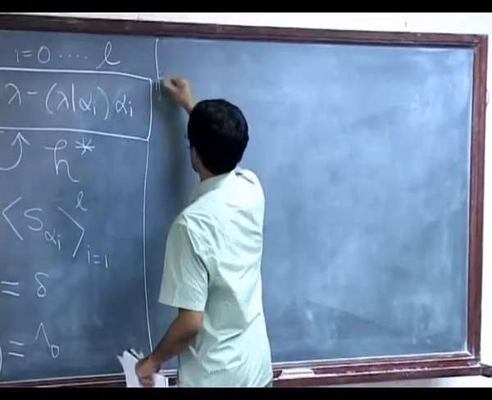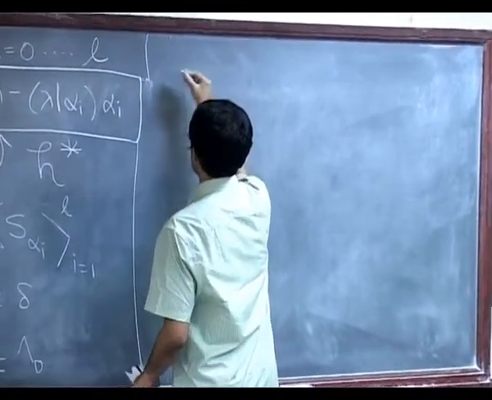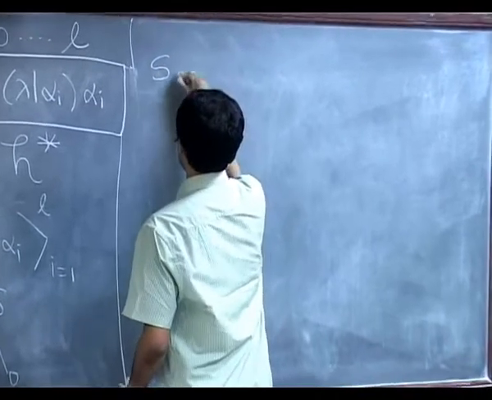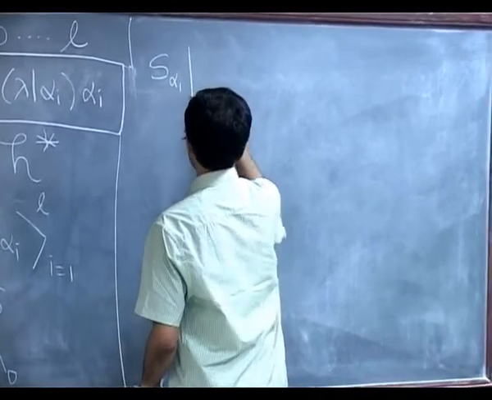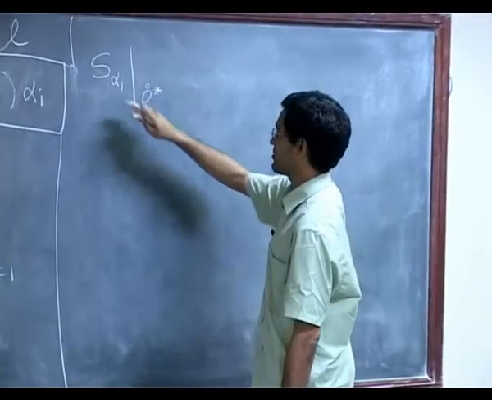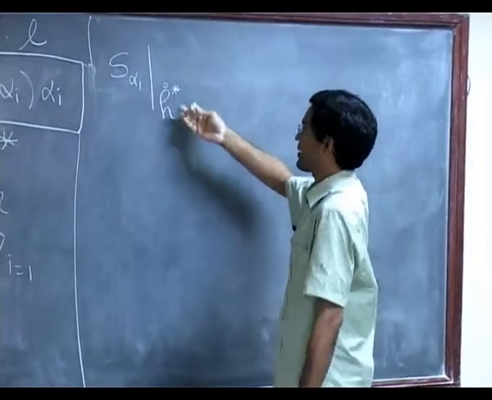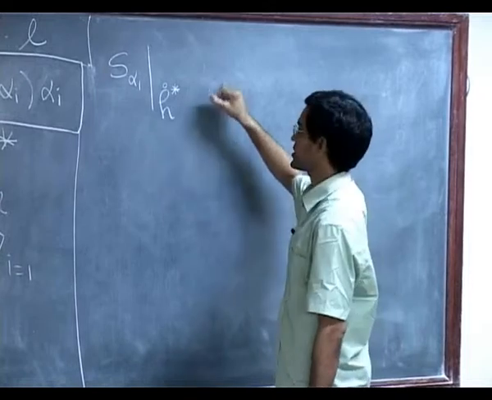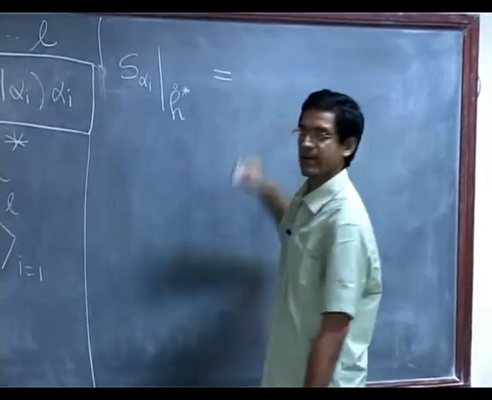So, observe that if you look at the S alpha i's and you restrict it, the remaining part, it just acts as identity. When you restrict it, it really only acts non-trivially on the H0 star portion, and there it is just the usual S alpha i.